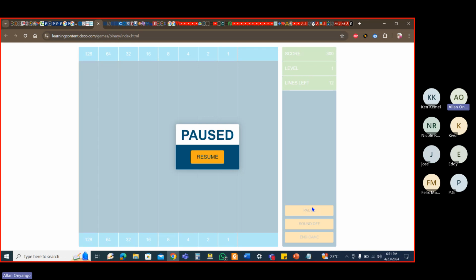Chapter 11 will be very easy for you if you keep on playing that game. Game over. It's just adding the 8 numbers. That's all that we're doing: adding 1, 2, 4, 8, 16, 32, 64, 128.